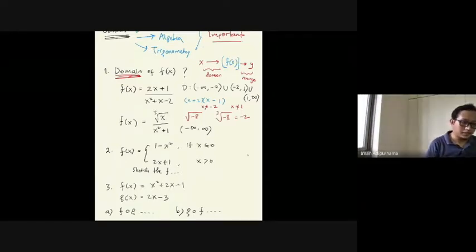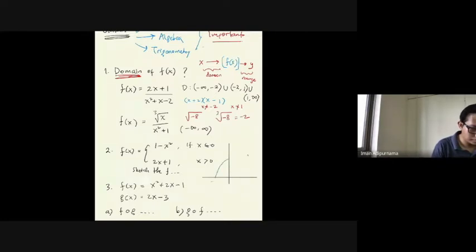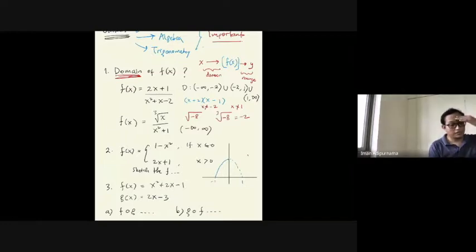And then number 2, sketch the graph. If you continue like that, and then from the 0, you have 2x plus 1.